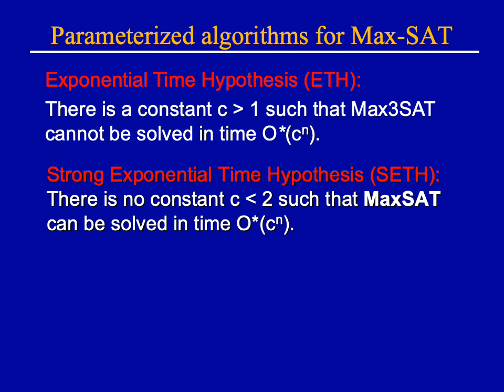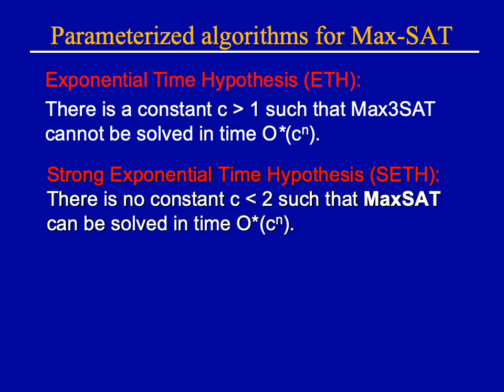Now let's look into a bit more detail on parameterized algorithms. Recall that there are two hypotheses. One hypothesis is ETH that says for 3-SAT, you can't get a complexity c to the n where c is arbitrarily close to 1.